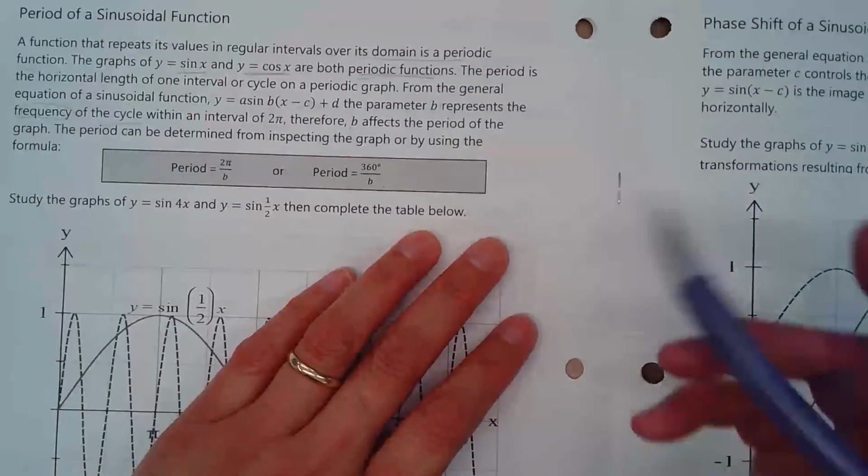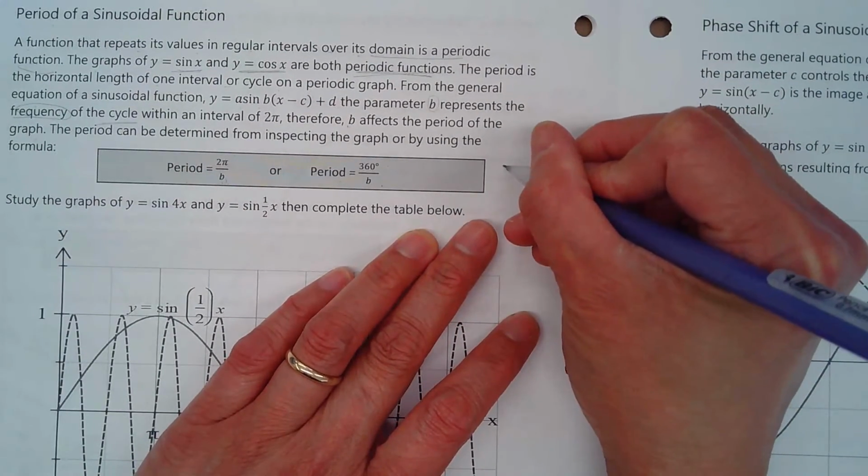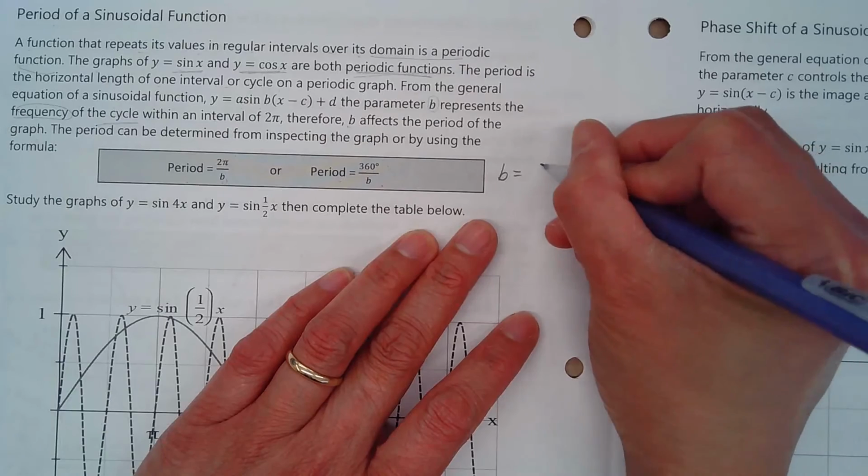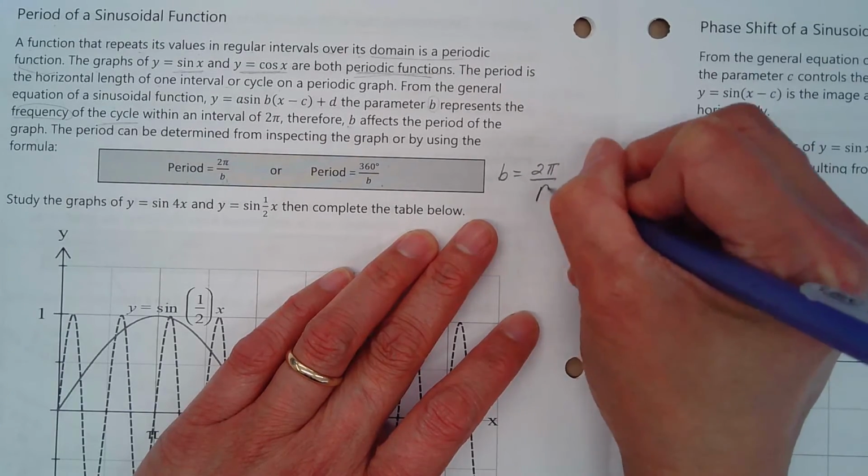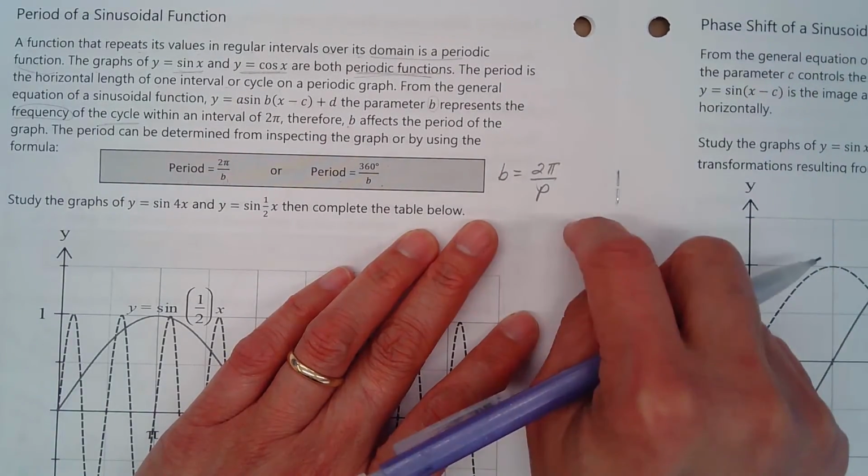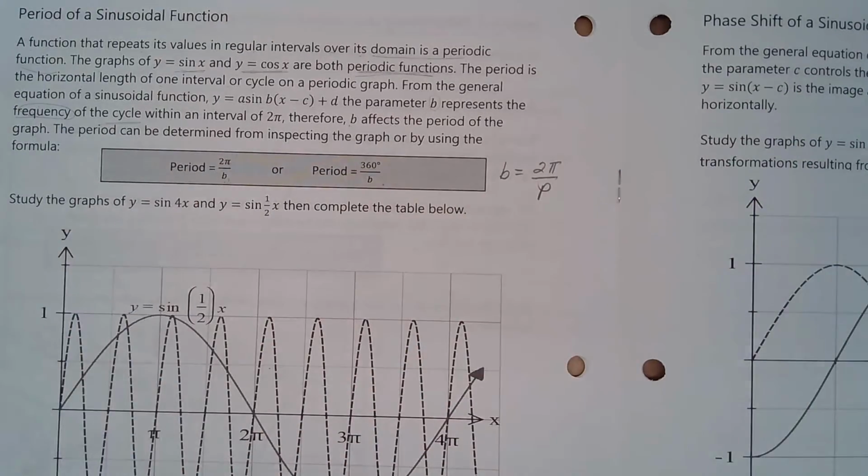We can also say b is equal to 2 pi divided by the period. Later on, this is going to be helpful for us, but not right now.